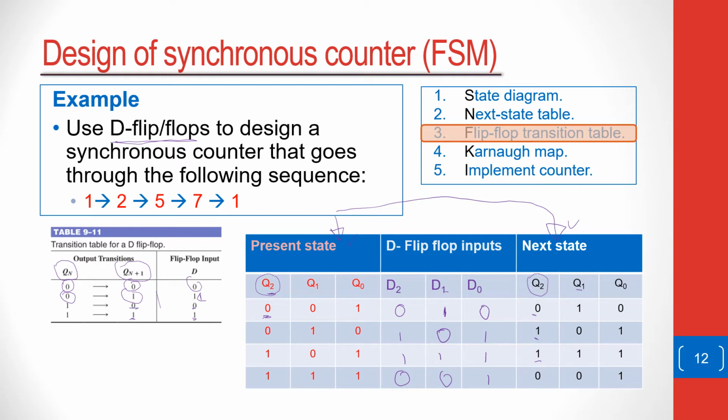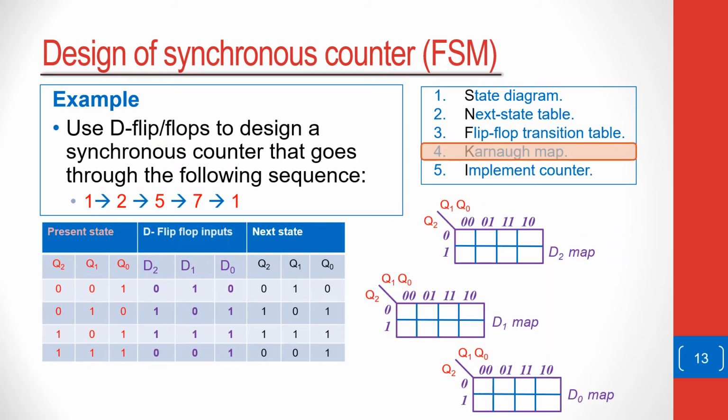So now we have finished the flip-flop transition table, which determines the inputs. The next step is to go through the K-maps, the Karnaugh maps.